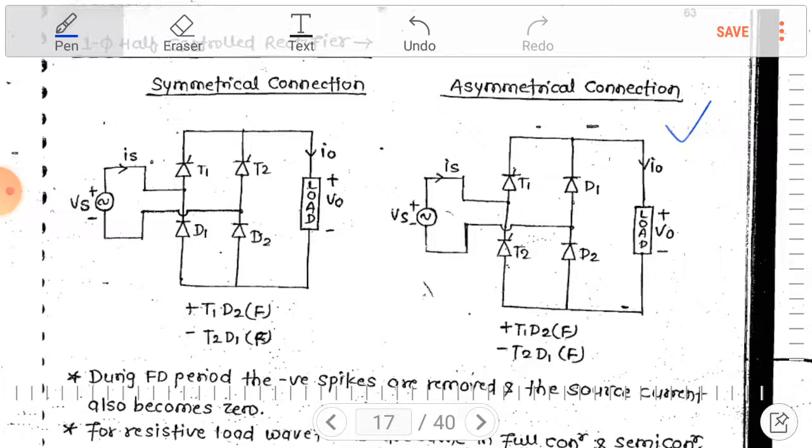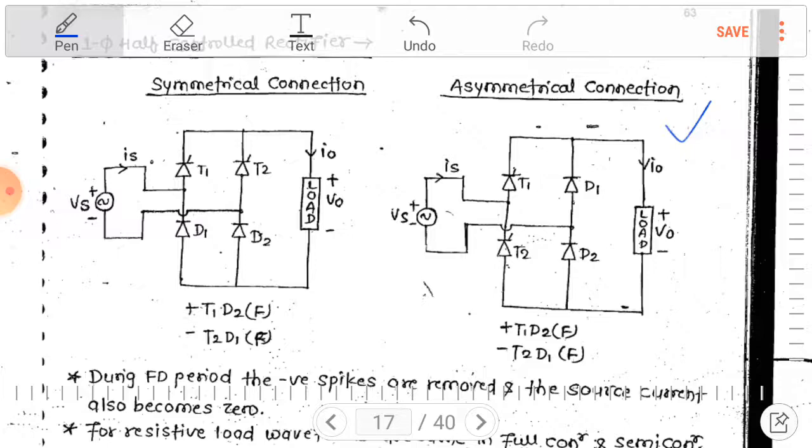So we give some time to the thyristors. One thyristor is turning off and the other one is turning on. Some time is given so that no problem takes place in thyristor switching. If we turn off one thyristor and suddenly turn on the second thyristor, and the first thyristor is not turned off completely, there is a possibility of a short circuit at the source side.